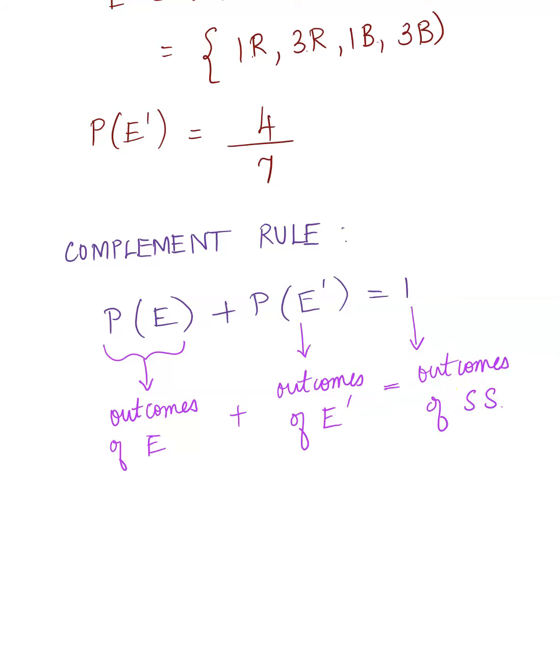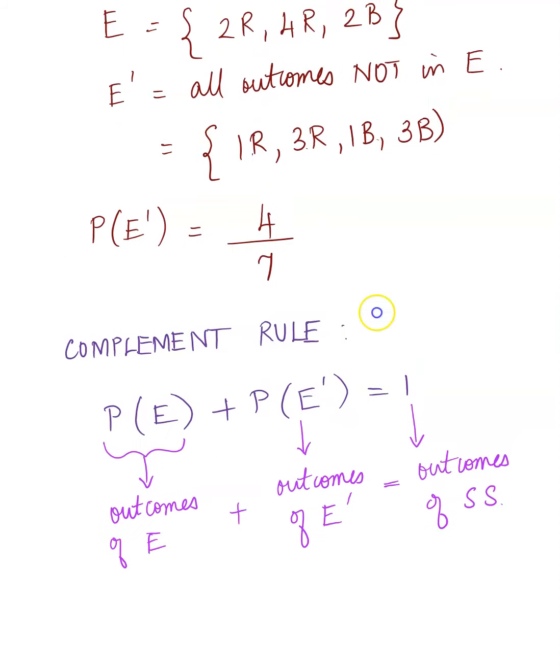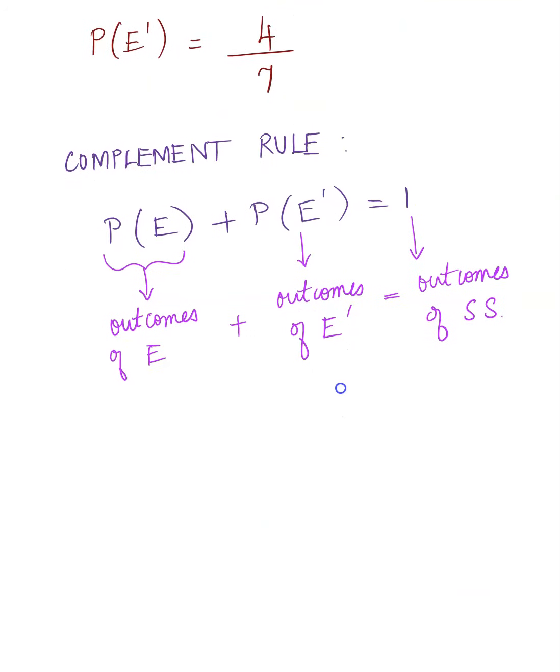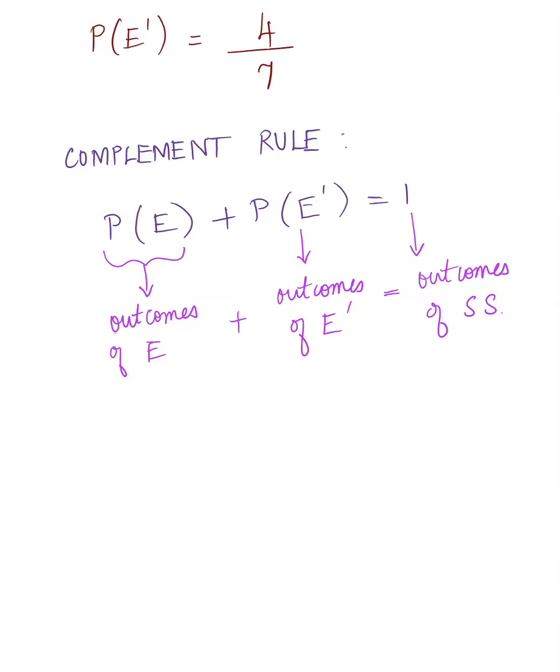And you can clearly see that, right? Look at the outcomes of E, 2R, 4R, and 2B. Outcomes of E prime are 1R, 3R, and 1B and 3B. If you combine these two, if you took all of this and all of this, you're going to get back the sample space, isn't it? And that is what the complement rule says. Therefore, what we're saying is, well, we could have found probability of E prime by simply rearranging this equation, which is 1 minus probability of E, right?